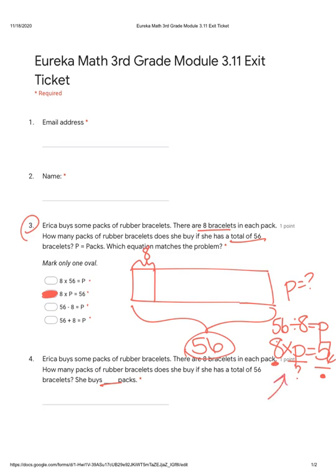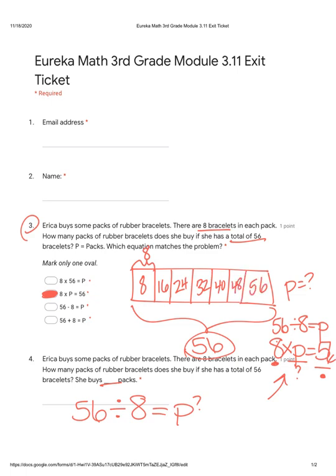And to solve this, we need to turn it into our division problem. We have 56 total, and we're going to divide it by 8. How many packs do we have? So let's go to our tape diagram and let's work it out. Okay, so here's 8. We're going to count by 8s until we get to 56. 8, 16, 24, 32, 40, 48, and 56.